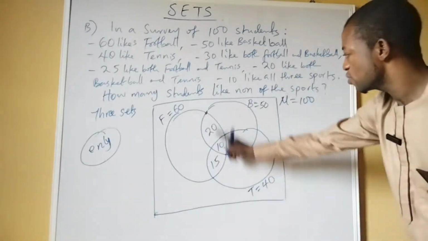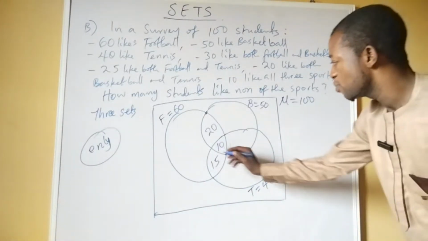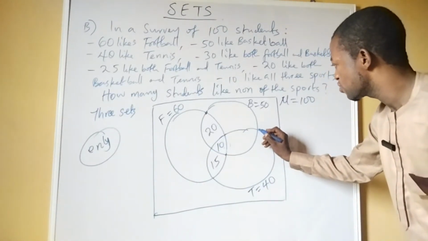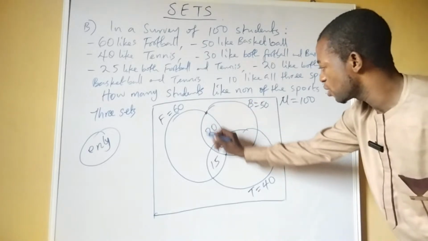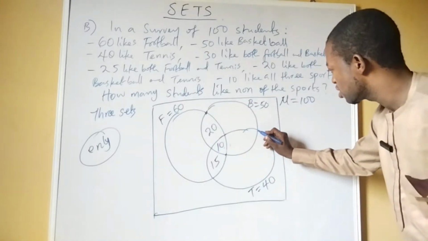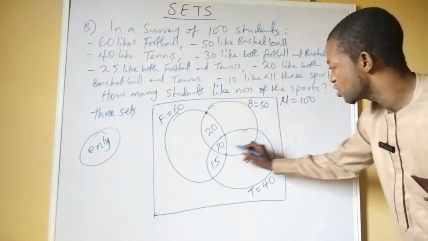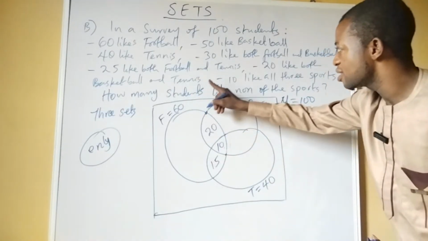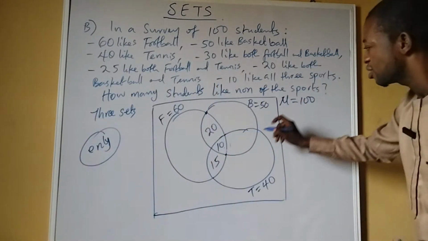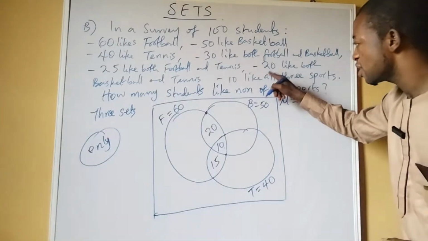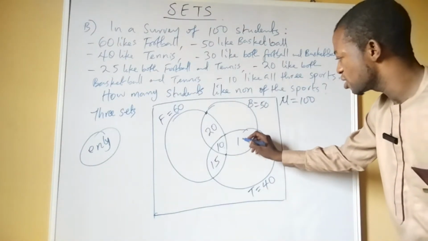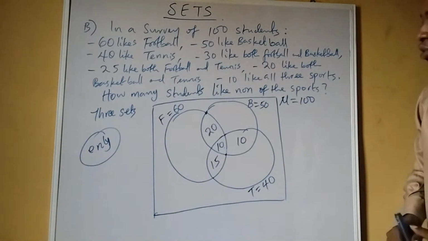This is for basketball and tennis. Basketball and tennis ranges from here. This is basketball, right? This is tennis. So what is common to them ranges from here to here. But for basketball and tennis only now, because everything is 20, 20 minus 10, so this is 10. Alright.